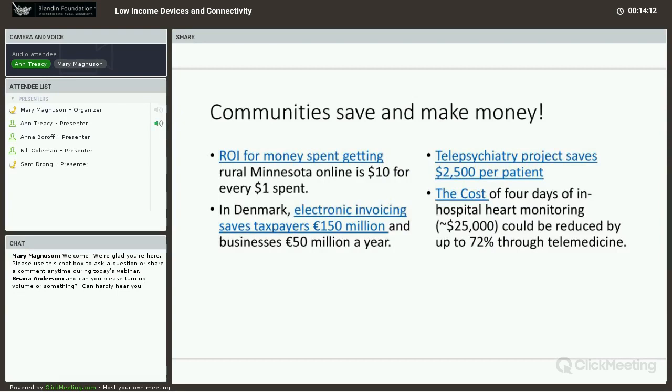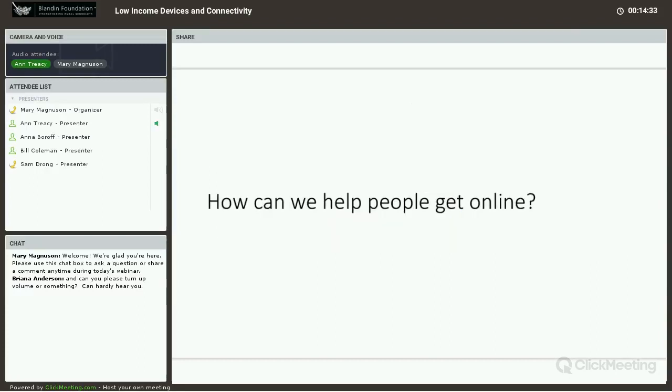If you take a look at a rural community where everybody gets online, has access, and takes advantage of it, I'm trying to remember if it was throughout the U.S., the benefit was $22.5 billion a year. So those are some of the reasons that we want people to get online, and some of the reasons folks should want to get online. Now I'm going to leave it to Sam and Anna to tell us how we can make that happen.